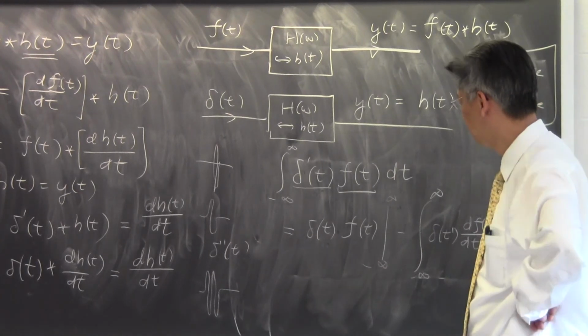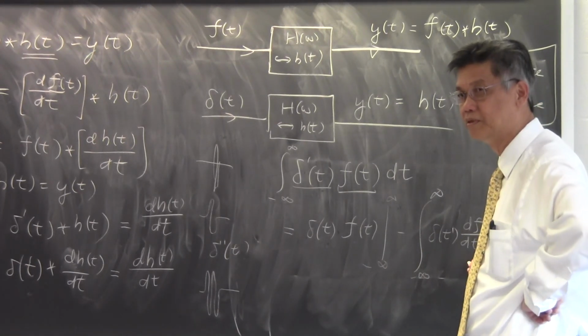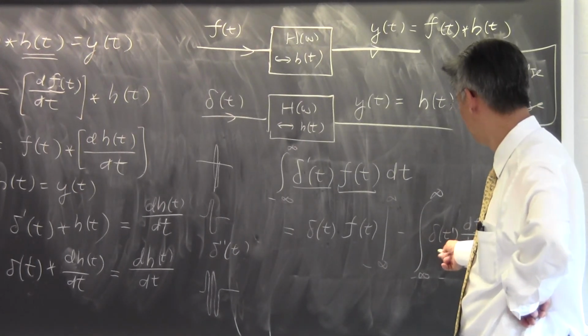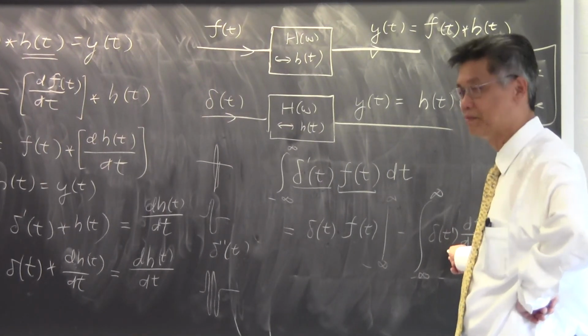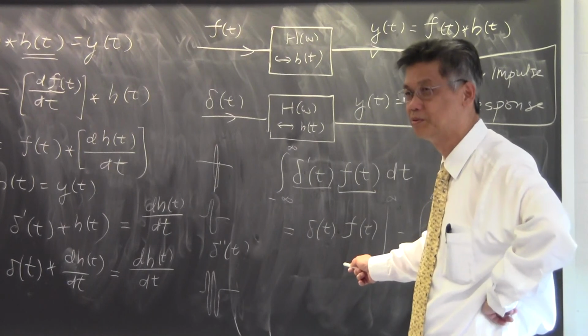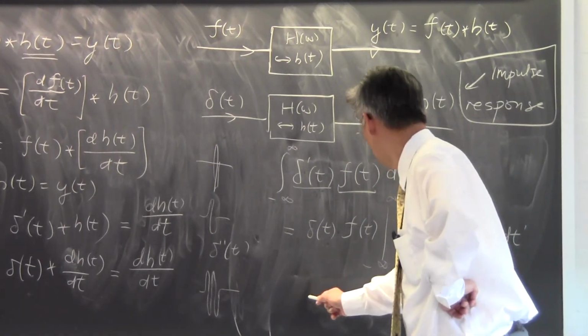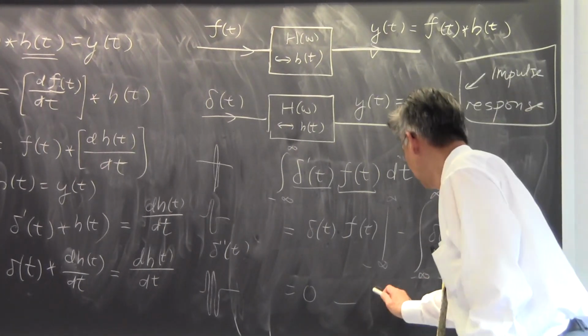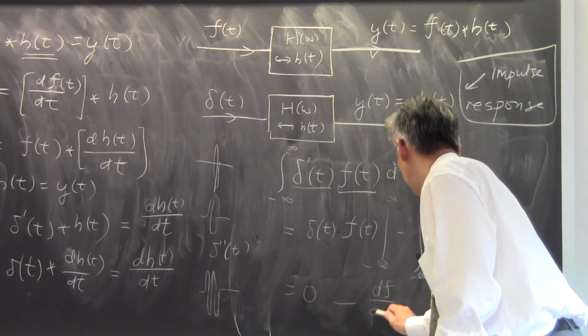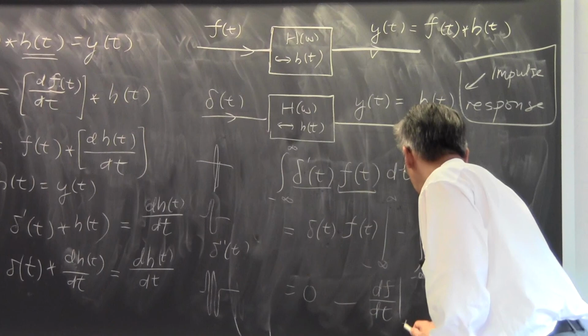Okay. The second integral can be done in closed form because we know how to do this blindfolded, right? Because it's just multiplied by a delta function. The first term evaluates to what? 0. So you have 0 for the first term. The second term is just the f prime at t equal to 0.